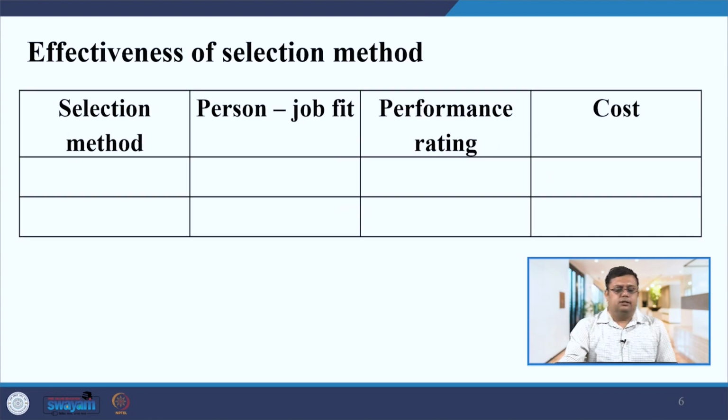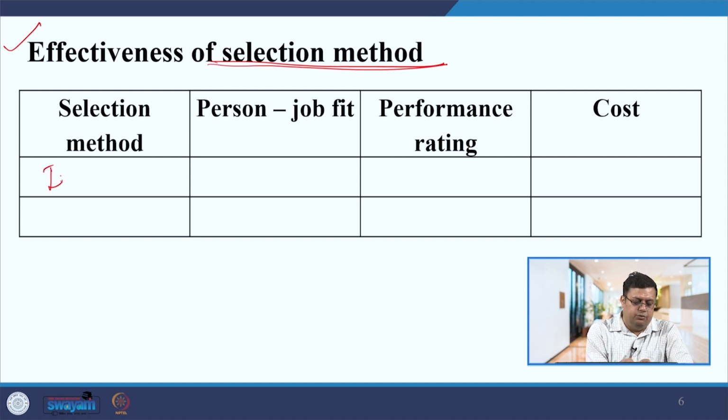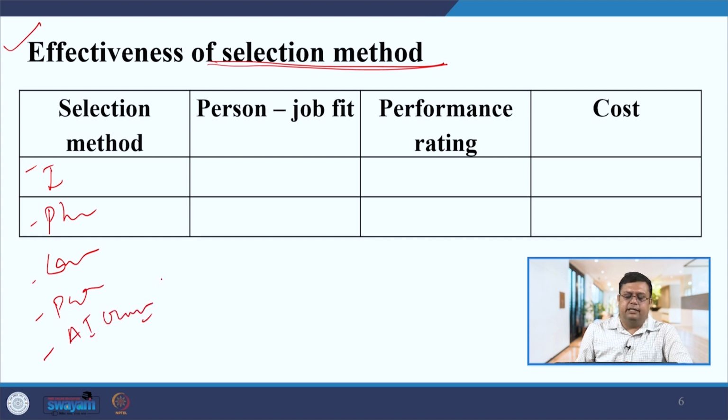Now let us discuss another method, the effectiveness of selection methods. The selection methods that we already discussed are like interview, physical test, computer based test, personality test, and AI based game, right. So these are the various types of selection methods.